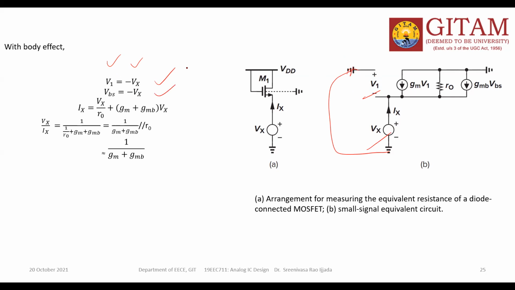Now write the current Ix value. This Ix current is equal to this current plus this current plus this current. This side there is no current, because of open here. So three currents. One current is Vx by R naught. This side is Vx by R naught. And these two are current sources, so gm into V1 plus gmb into VBS.